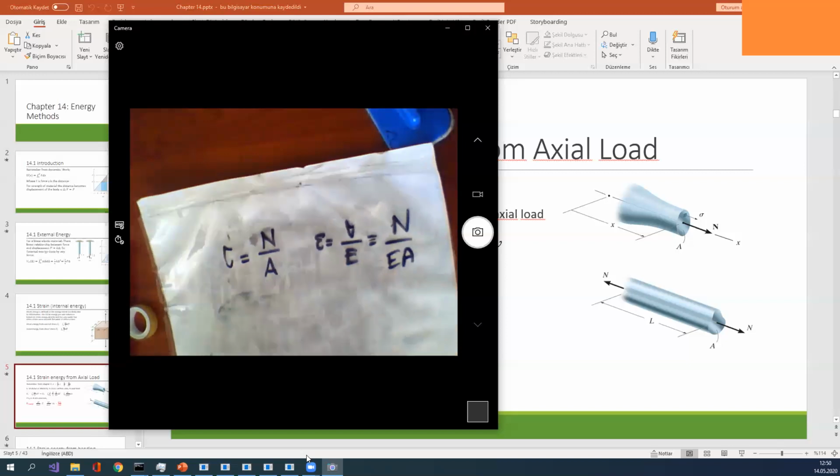If I want to use the internal energy formulation, U is equal to the integration of 1/2 sigma times epsilon.